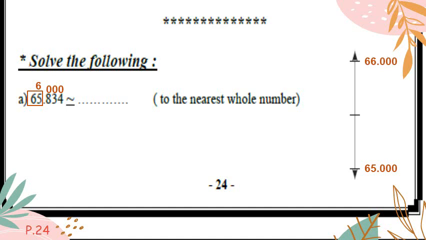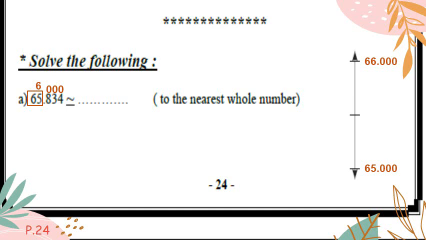Okay, now we have to find the midpoint. How can I find the midpoint? Look at the smaller number. In the smaller number here, I have 65.30. Okay, change the first 0 after 5 to 5. How come? Here I have 65.000.